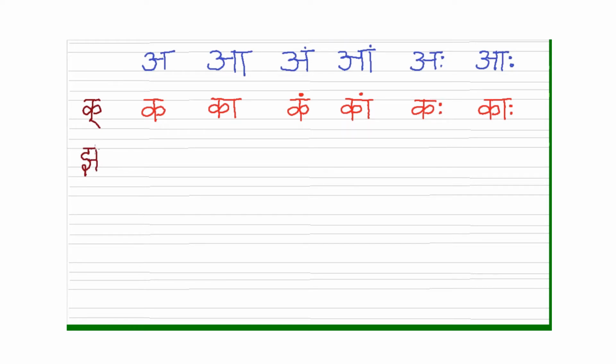Sorry, I should have written the hal, let me rewrite the jha, all right, with the hal. So for the jha sound, it is going to be without the hal. If we remove the hal, we get the a guNitAksharam, and then to that we add an extra vertical line, and that gives us jhaa.